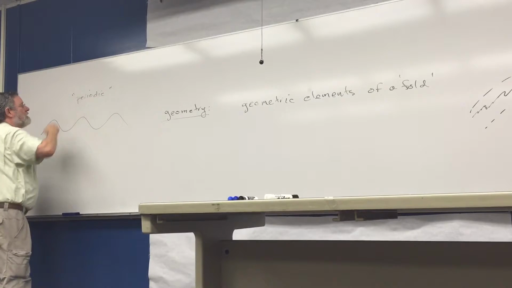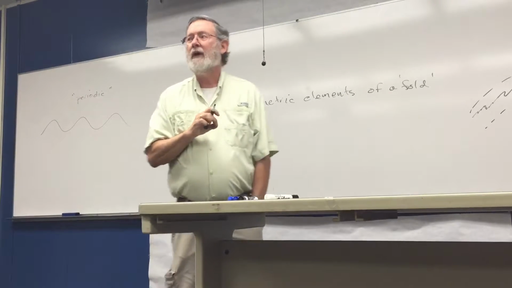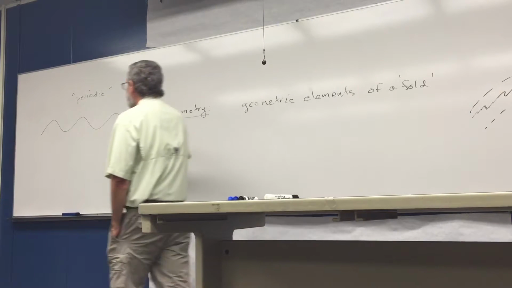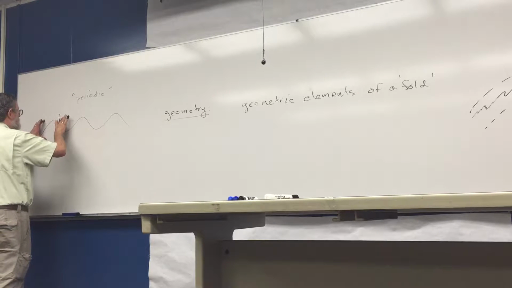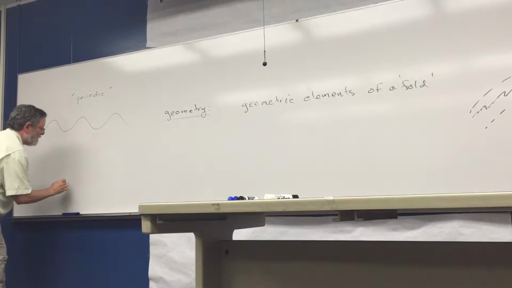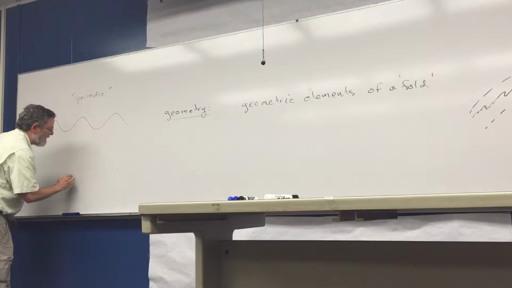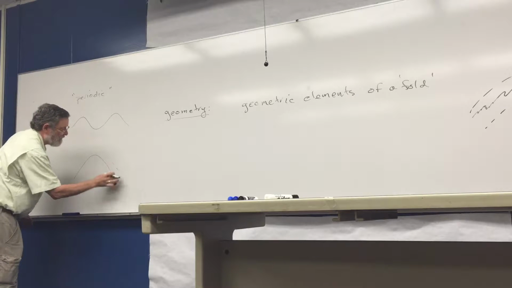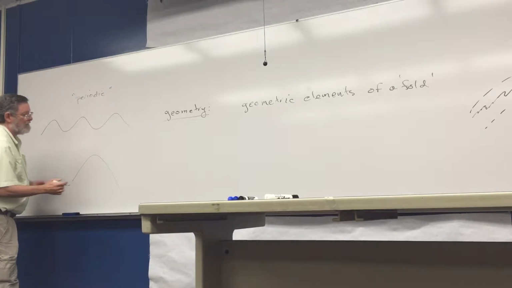And again, let's put that in quotes, because they need not be perfectly periodic. But this is our most simple beginning. And if we take one piece of this fold, we're going to describe various parts of that particular fold in that system.